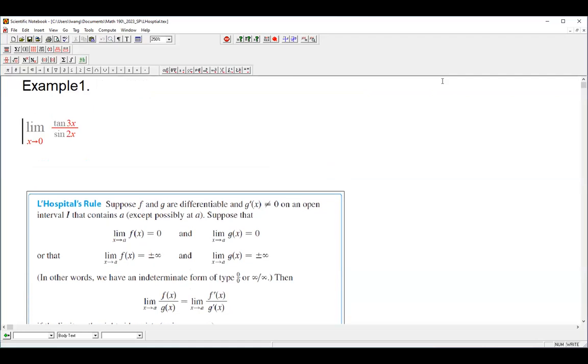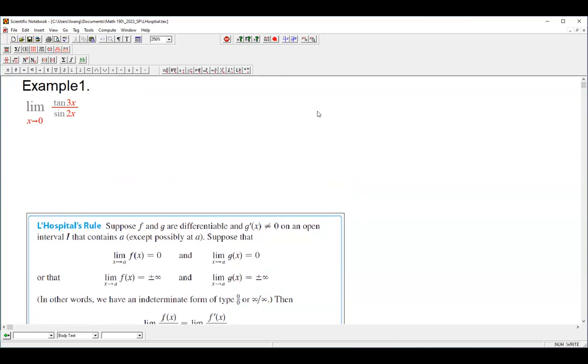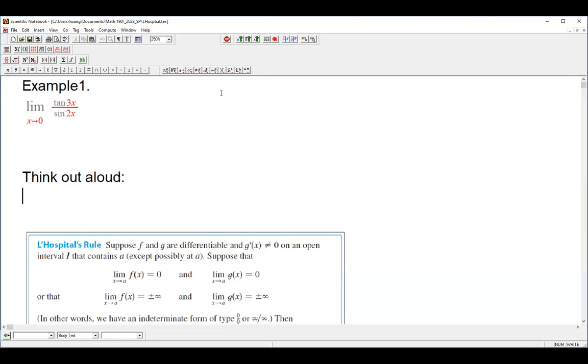When you check the condition, in terms of how to show your work, preferably you check your condition on the side. Do not mix it with your work. For example, I would put it on my scratch paper. This is my scratch paper, right? So don't put them together. So think out loud. I check.